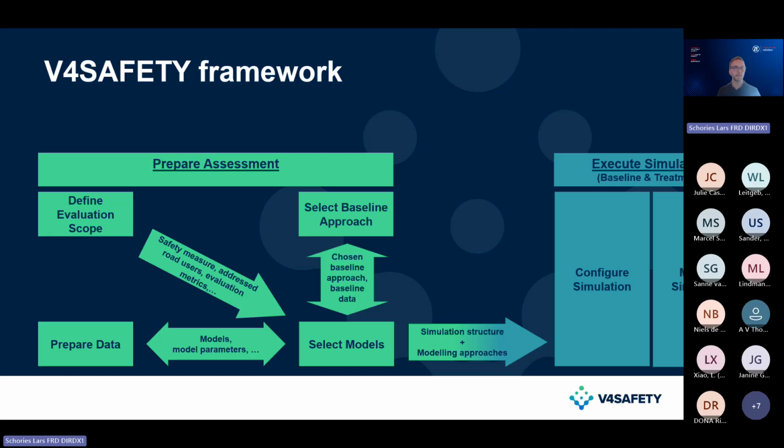And then finally, the prepare data. So what kind of models are available, what parameters I need also has influence to select models. And then there's an interconnection to the configure simulation. The simulation structure, the modeling approaches we have chosen need to be configured together so that it can be simulated in an overall simulation toolchain, co-simulation part.